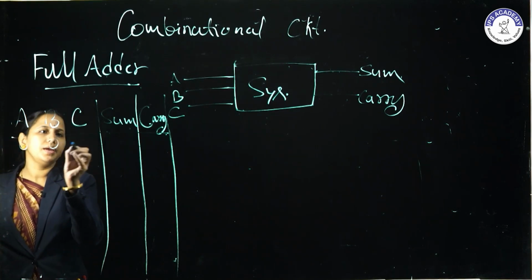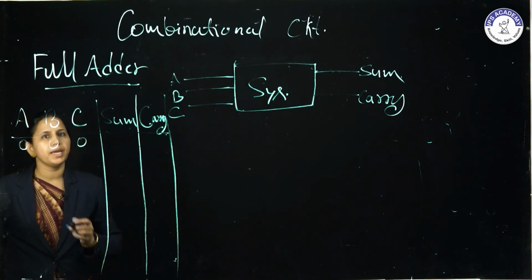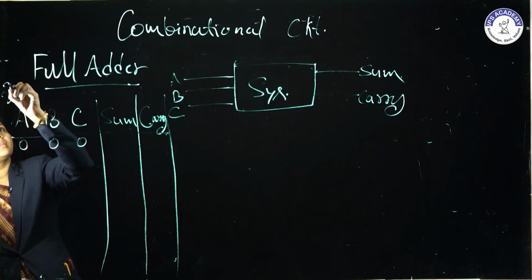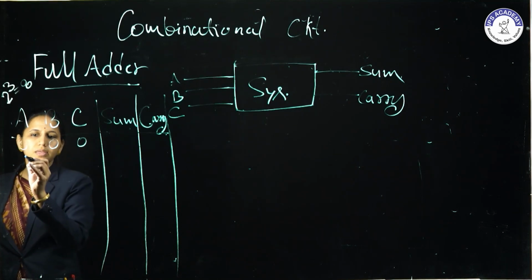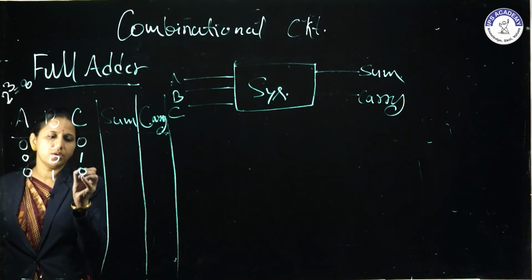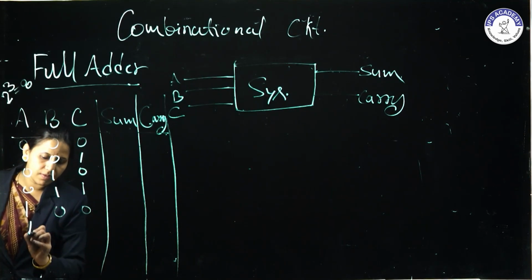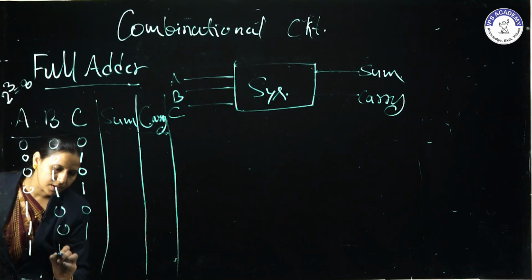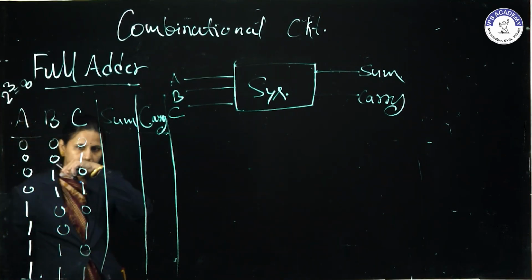A, B, C. Inputs are 3, number of combinations will be 8, 2 to the power 3, this is 8. 0 0 0, 0 0 1, 0 1 0, 0 1 1, 1 0 0, 1 0 1, 1 1 0, 1 1 1, from 0 to 7.